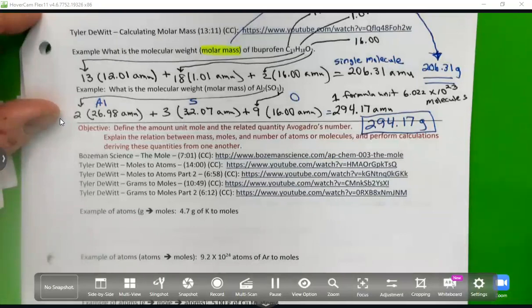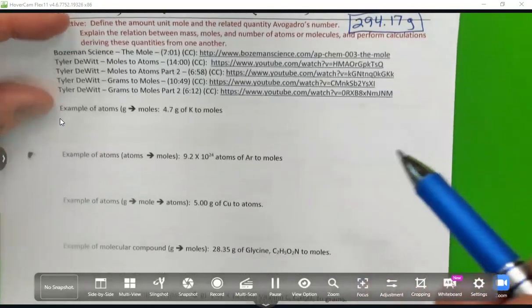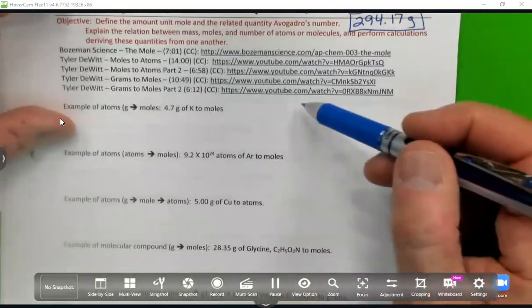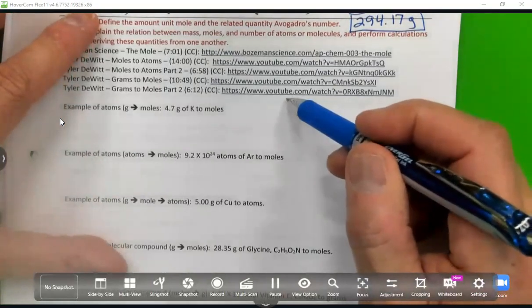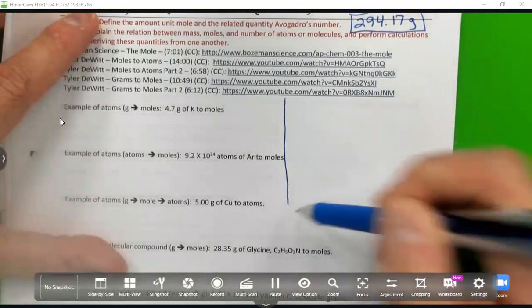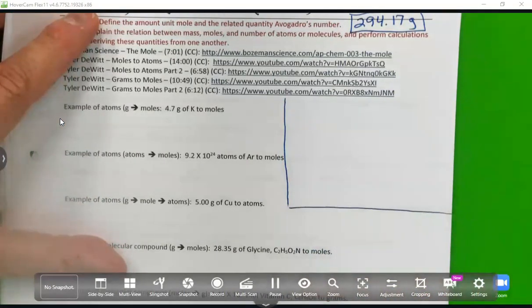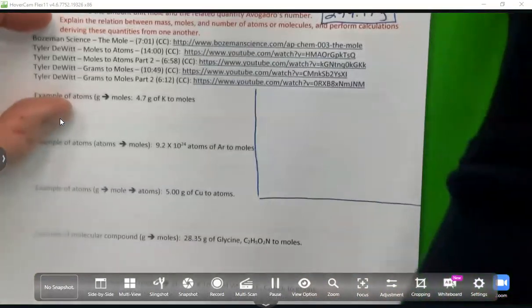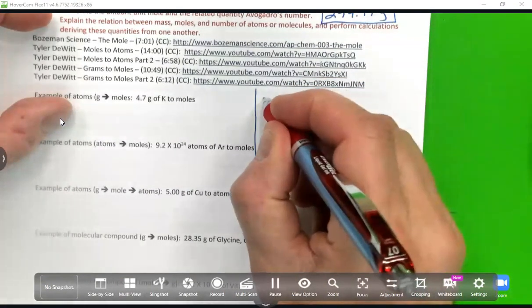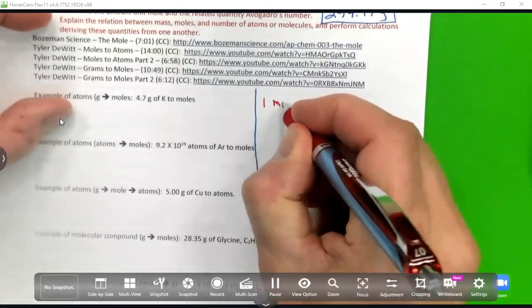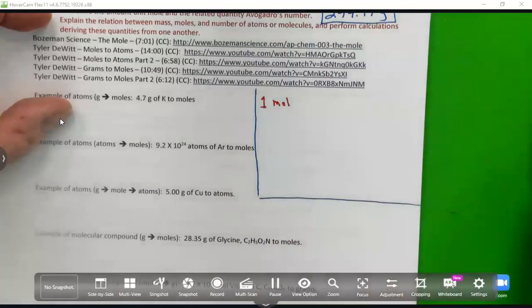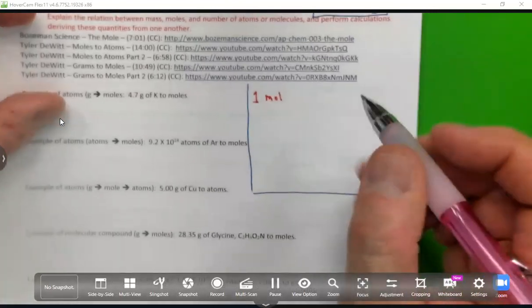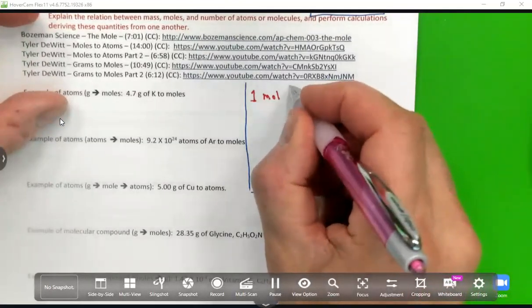Okay. Let's go right here. There are two conversions. Let's use this spot right here because we've got enough room to go just like this. There are two conversions we're going to use. One mole. It could be an atom.